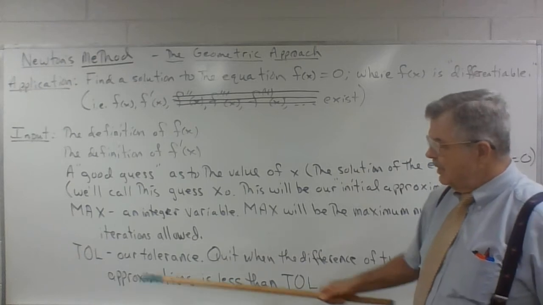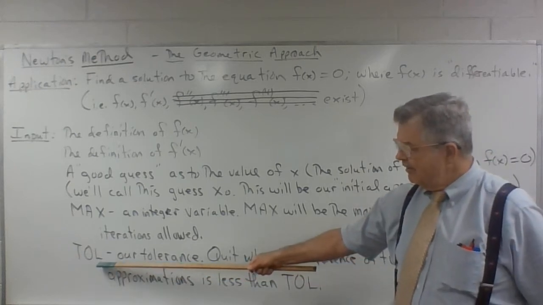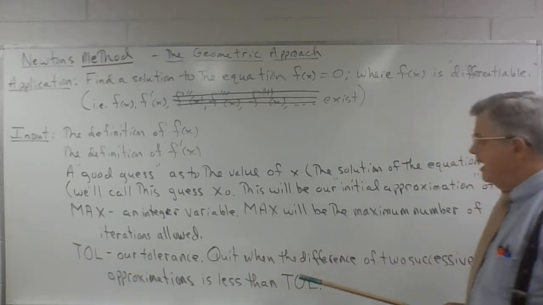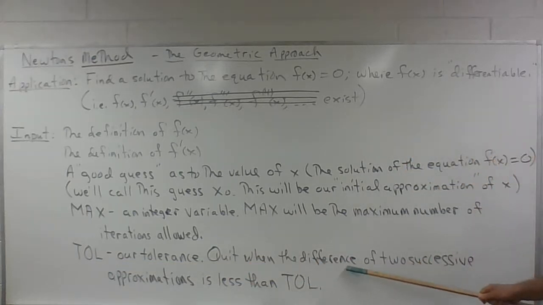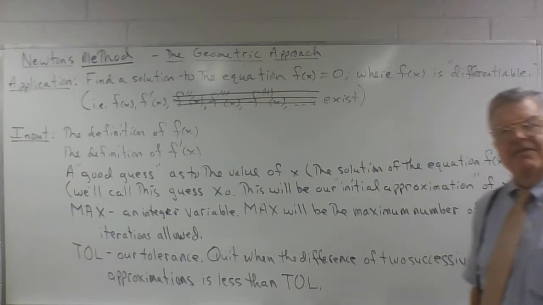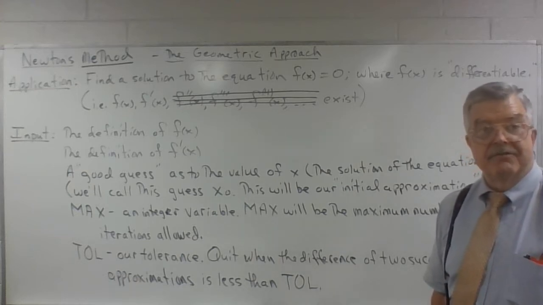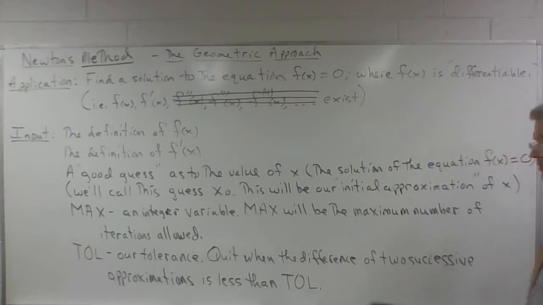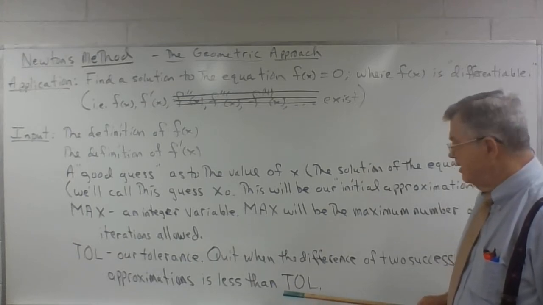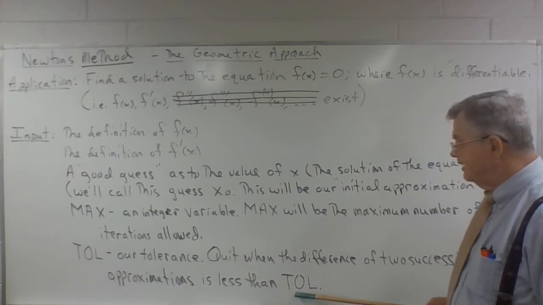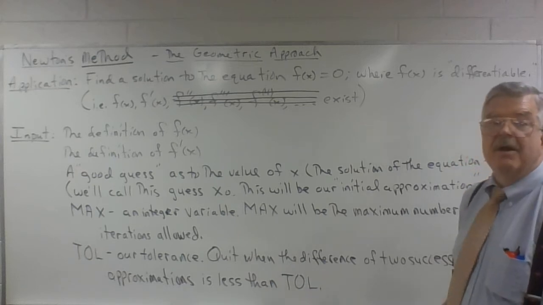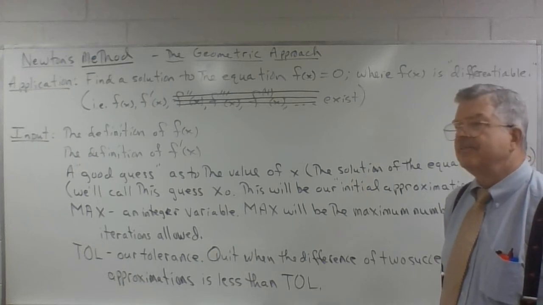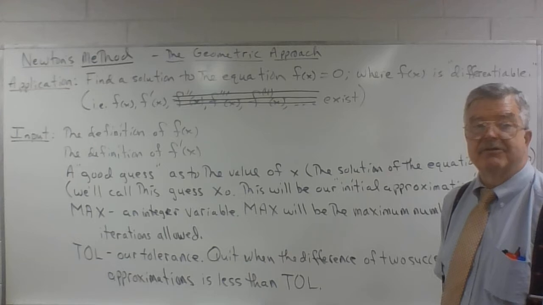Now, the last thing that we want is a value of the variable TOL, or tolerance. Essentially, this is the criterion that we use to decide that we've gotten close enough to the solution. So when we get two successive approximations whose difference is less than tau, we quit and we use the last approximation as our approximation of x.